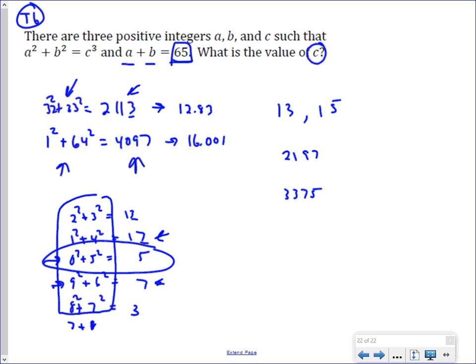If you go through and do 30 squared plus 35 squared, you get 2125. If you do 25 squared plus 40 squared, and if you went through and calculated all these, first off, you're seeing that we're not getting anywhere near close enough, and so I'm going to try to shorten this a little bit by doing 50 squared plus 15 squared.